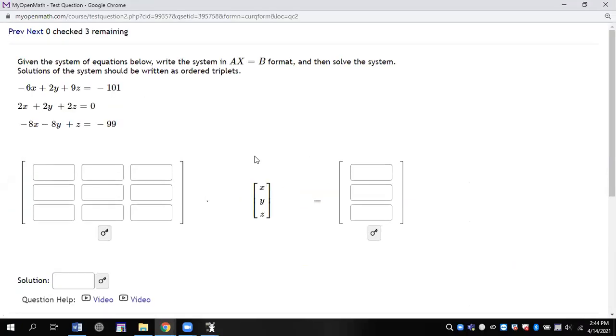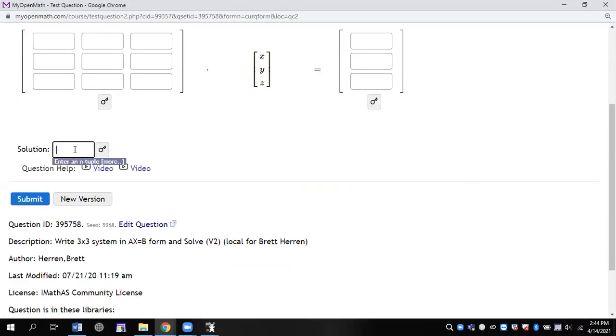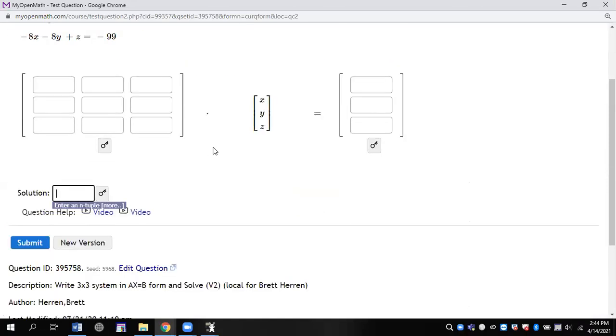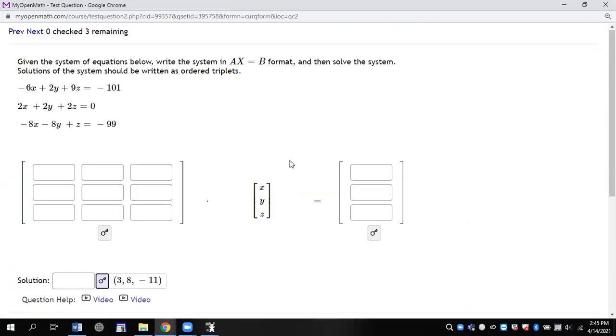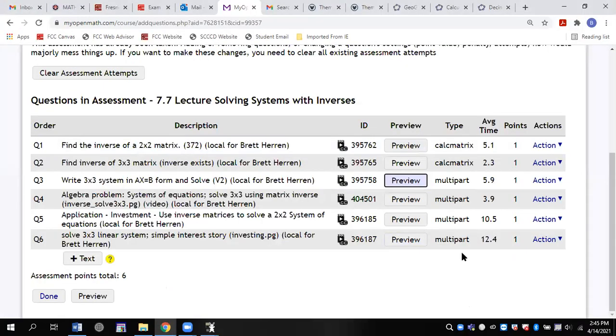Number 3. And then what kind of solution do they want? What do they want for X, Y, Z on this one? Well, they just want it in parentheses. Parentheses X, Y, Z. I see. So there we go. They want it in parentheses. Let me go back and type that in.